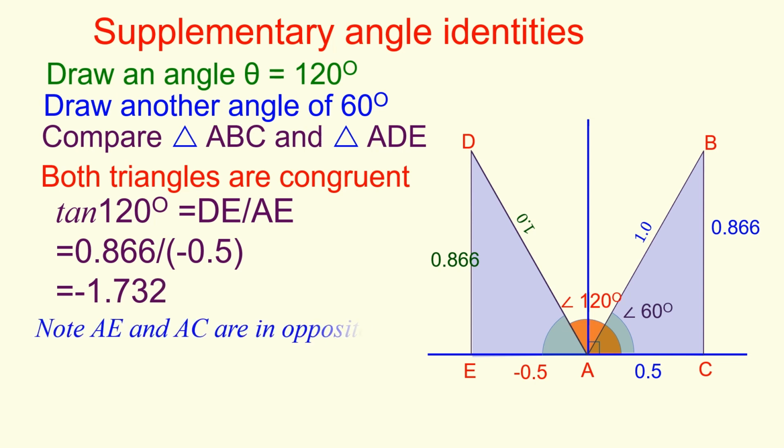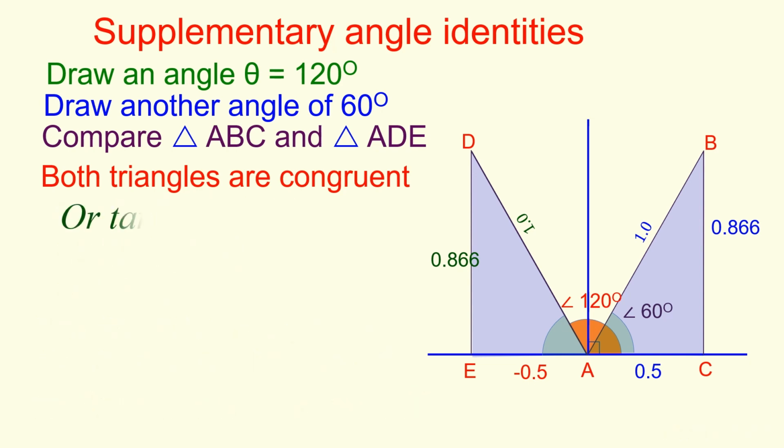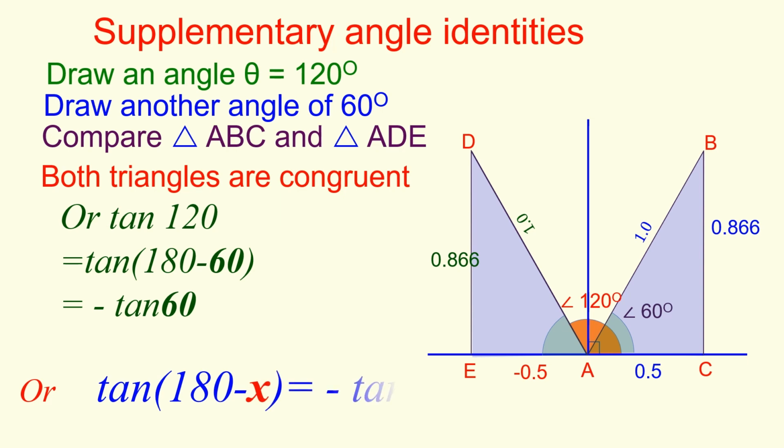Tan 120 equals DE by AE equals minus 1.732, which equals minus tan 60 degrees. Tan 120 equals tan 180 minus 60 equals minus tan 60, which implies tan 180 minus x equals minus tan x.